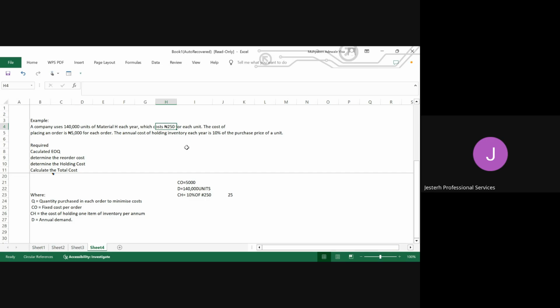The company budgeted the holding cost to be 10% of their purchase price per unit.